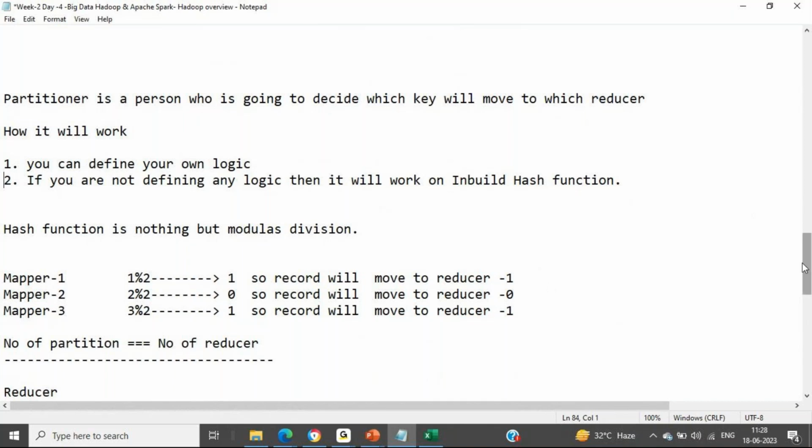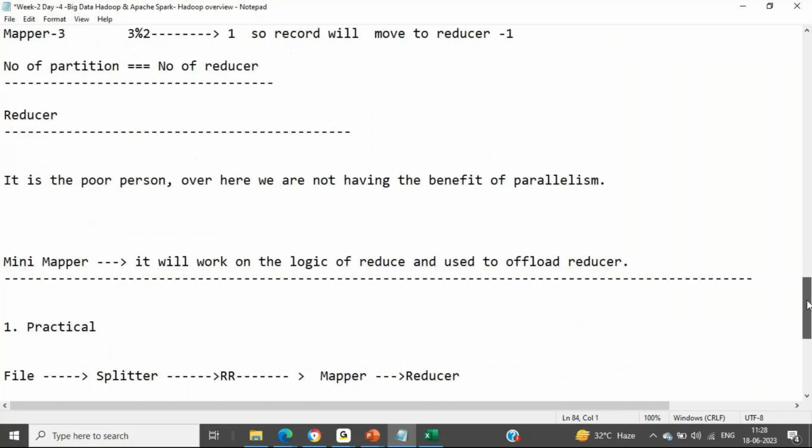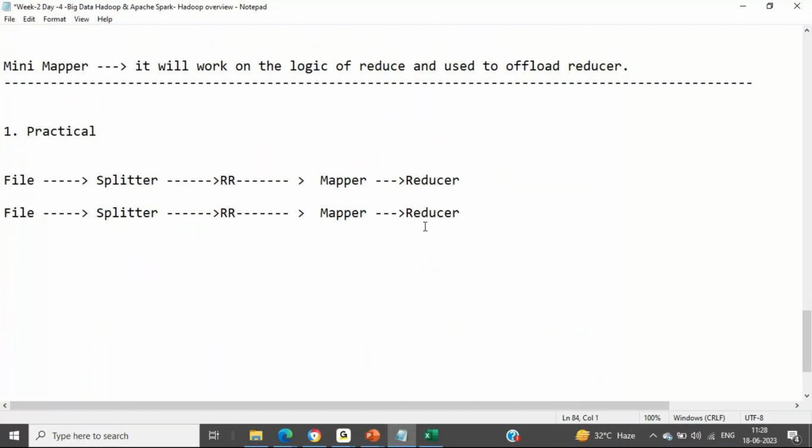Okay, first tell me, can I have reducer-less jobs? If I'm having a job that is not having any reducer, is that a good job or not?